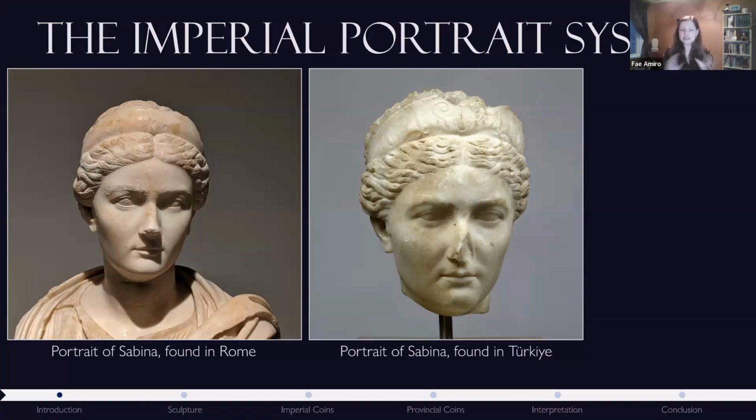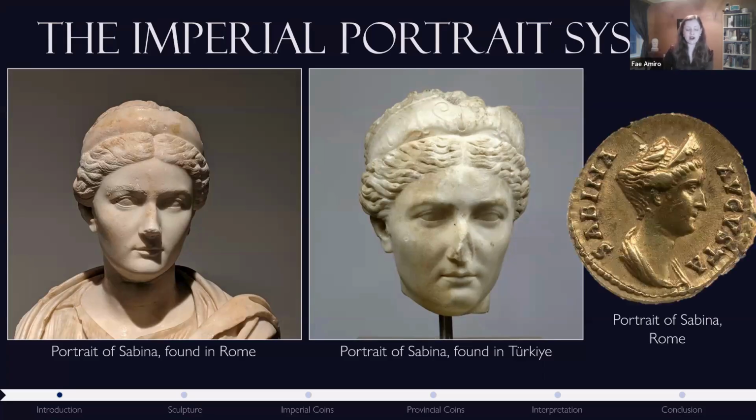Despite the differences in conservation, you can see even in the specific details that they're pretty close to exact copies of one another, especially if you look at the details on Sabina's right side of her head, where the locks and the individual strands very closely match each other in the arrangement of the hair. So across the empire, these two portraits are quite accurate copies of each other.